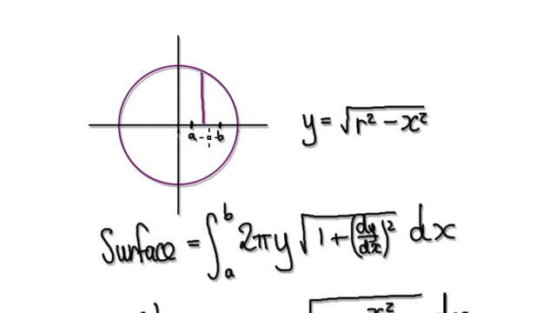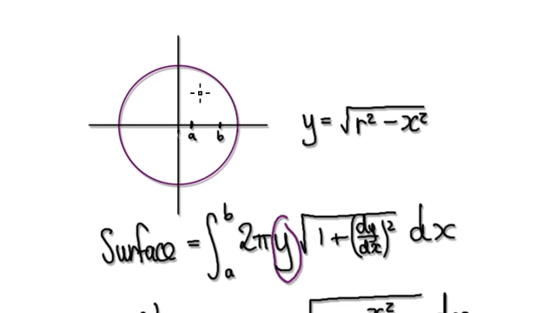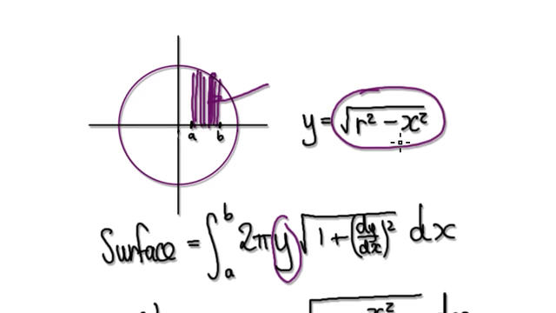Looking at this one particular strip, when you combine it with this, that gives you the arc length. Once you've got the arc length, you need to multiply by 2 pi y, the circumference of the circle. The height is always given by y.